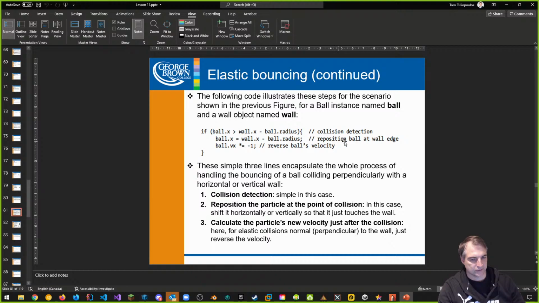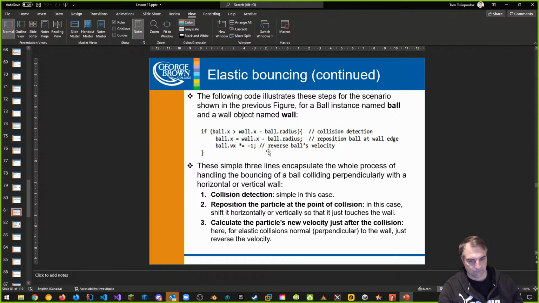Again, this special case is when the ball is directly hitting the wall across the normal, so a very limited case, a perfect collision against the wall that's horizontal. These simple 3 lines encapsulate the whole process: collision detection, do I have penetration, repositioning the ball at the wall at the point of collision, and then calculating the particle's new velocity just after the collision.